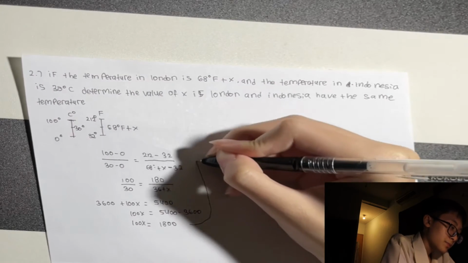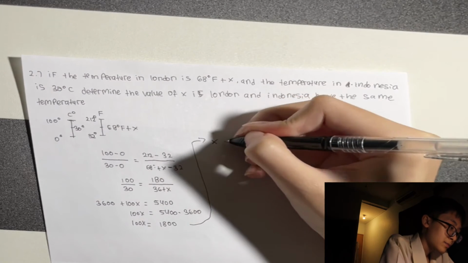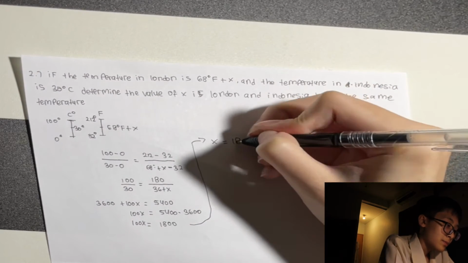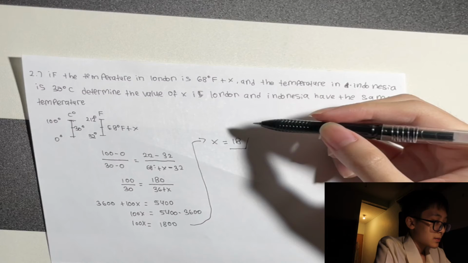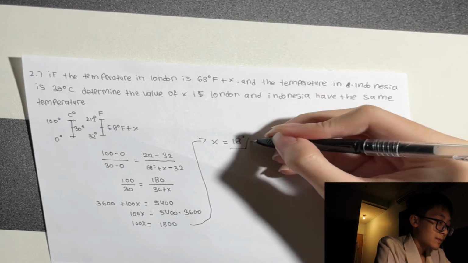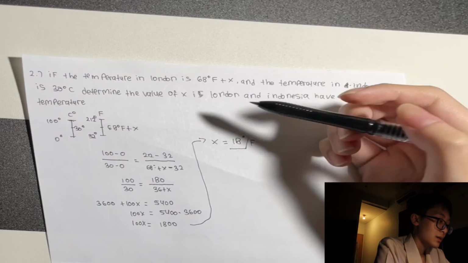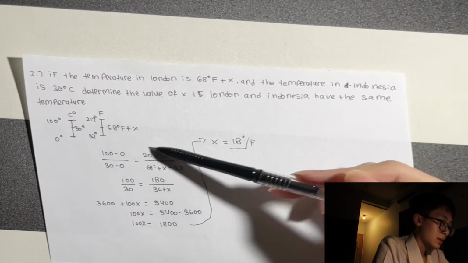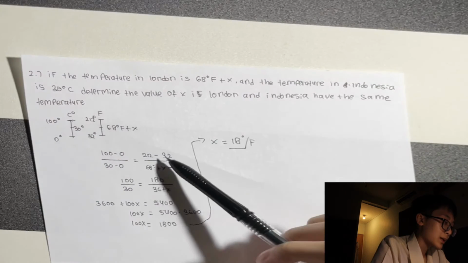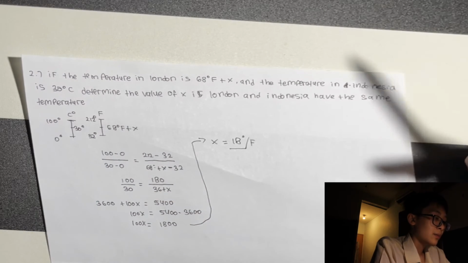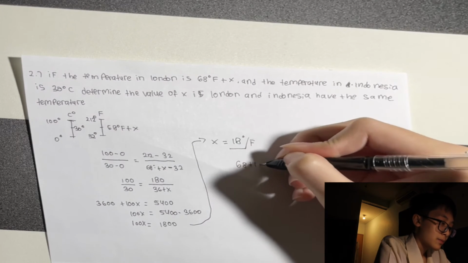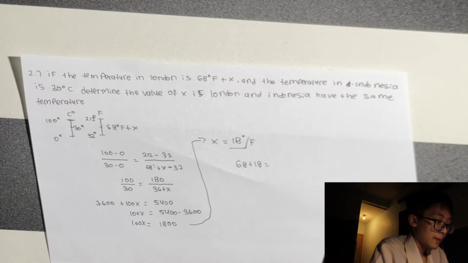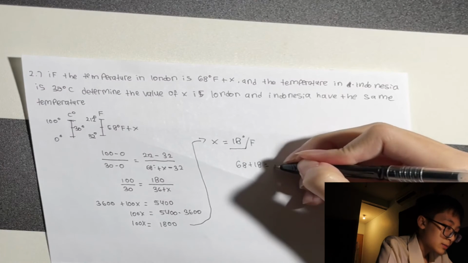So we get the value of x is 18 degrees of what? 18 degrees of Fahrenheit, because this x right here is part of the Fahrenheit. So you just need to add 68 plus 18 is 86 degrees Fahrenheit.